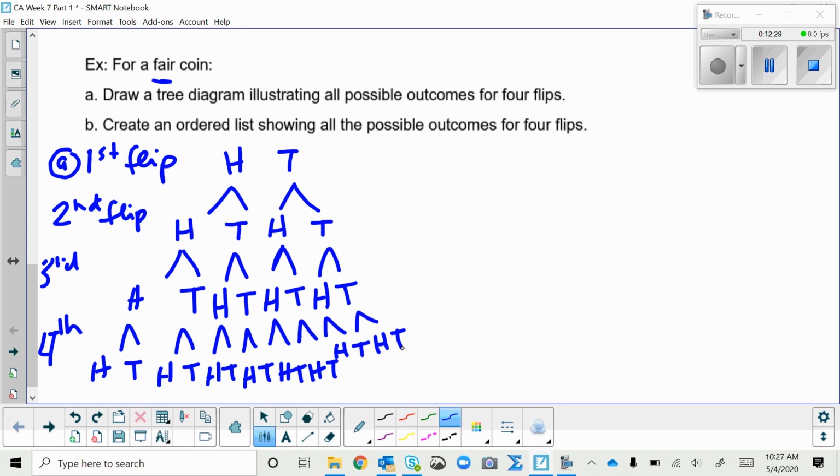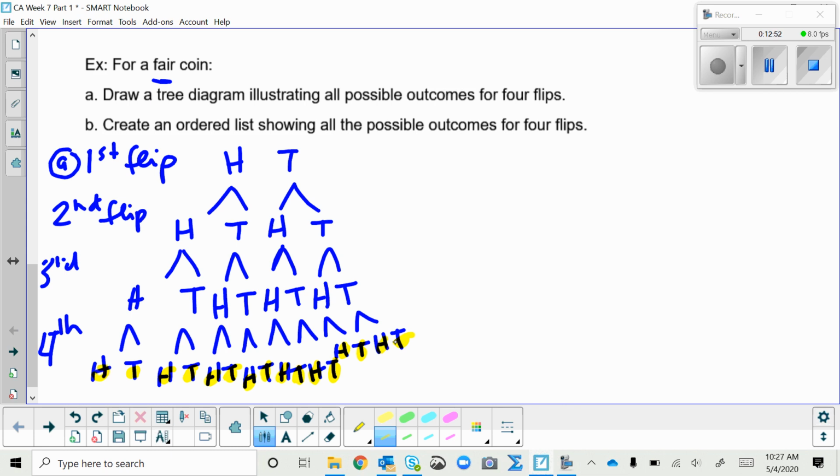So what I want you to understand here is how many outcomes I just showed. There's 1, 2, 3, 4, 5, 6, 7, 8, 9, 10, 11, 12, 13, 14, 15, 16 possible outcomes.